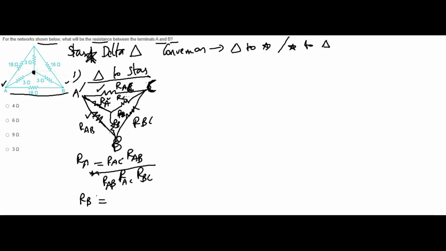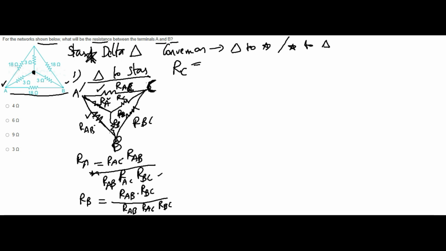Like I said, RB is equal to, listen here. What is RB? RB is between RAB and RBC. So RAB times RBC, the whole divided by the same denominator, RAB plus RAC plus RBC. Okay, that's all. The next one, RC.